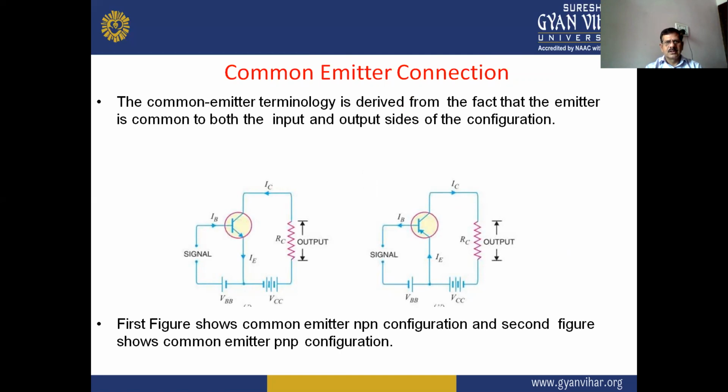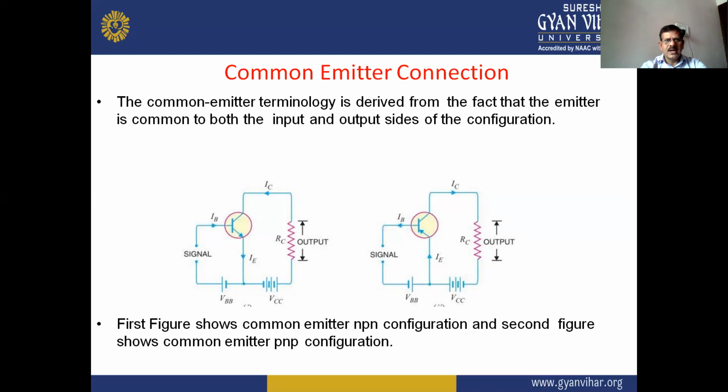Next, we come to the common emitter connection. That is the second type of connection, or second configuration, of the BJT: the common emitter.